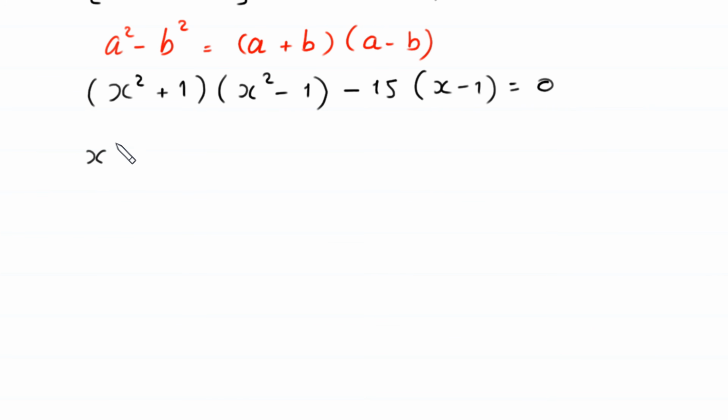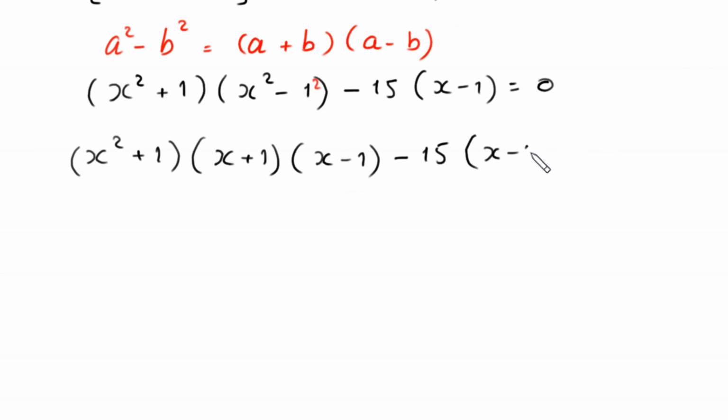Next, x squared plus 1 times, because this one is same as 1 squared, by using this algebraic identity, this x squared minus 1 squared will become x plus 1 times x minus 1 minus 15 times x minus 1 is equal to 0.